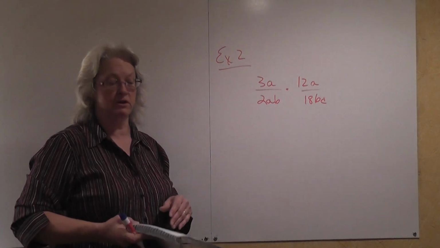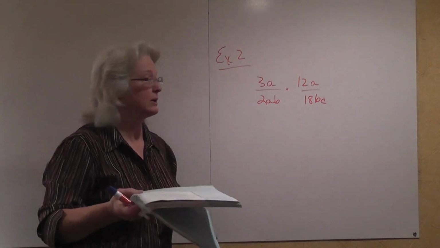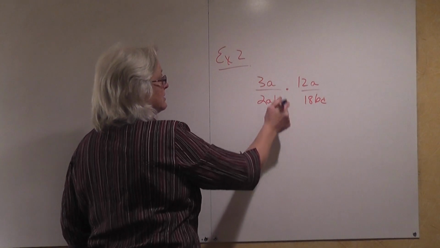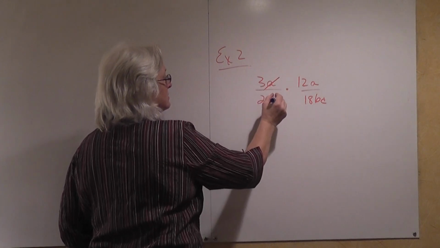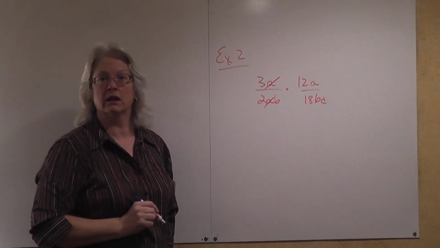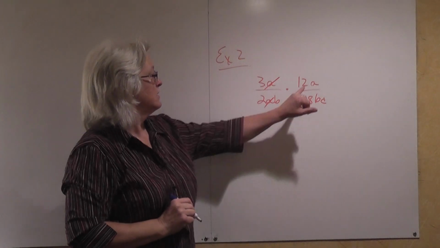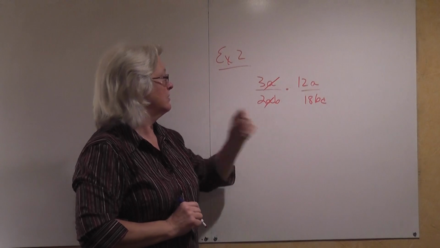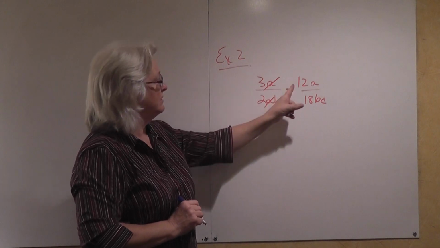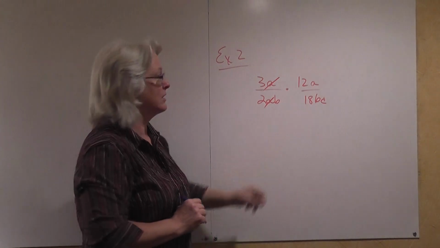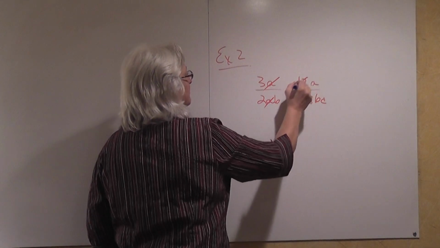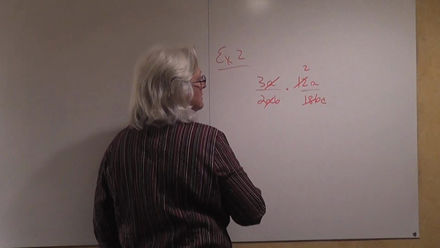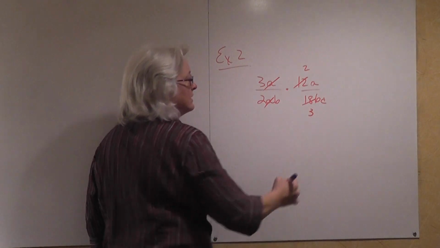What I want to do now is find common factors here that I can cancel. I've got a factor of a and a factor of a that I can cancel here. Nothing in common as far as the variables go, but I have a factor of 6 that I can factor. 12 divided by 6 is 2. 18 divided by 6 is 3.